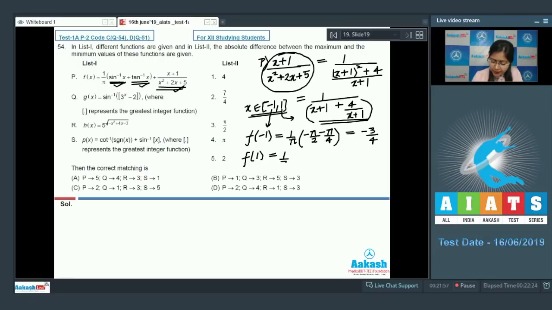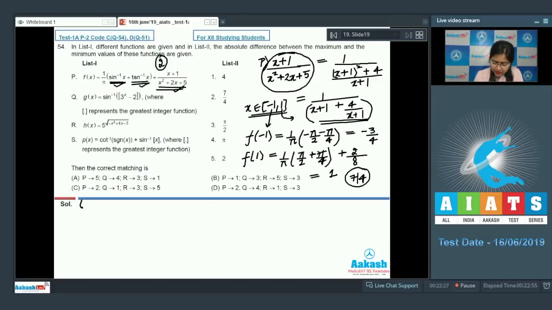That will be equal to 1 by pi multiplied with pi by 2 plus pi by 4 plus 2 divided by 8. So that will be equal to 1 by 2 plus 1 by 4 plus 1 by 4, that is 1. So we can say the difference between these two is 1 plus 3 by 4, that is 7 by 4. So from the given options, option number 2 is the correct choice.